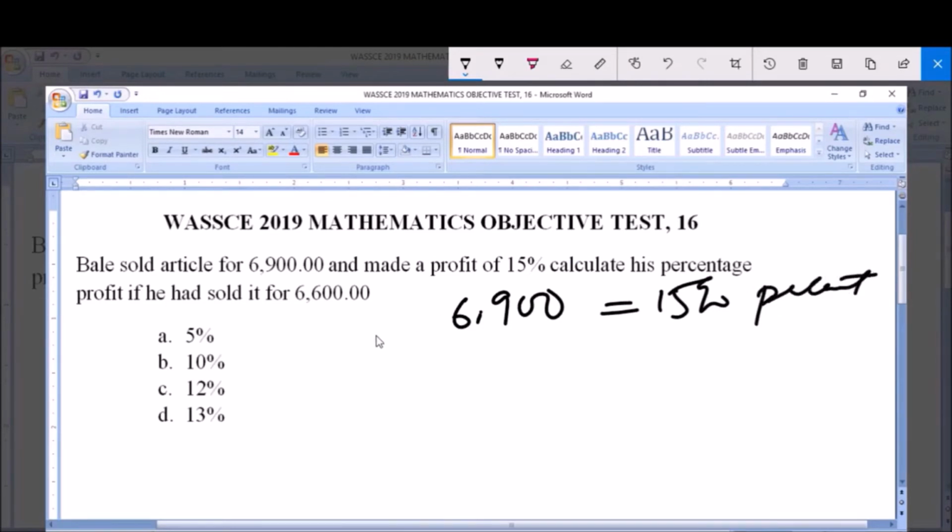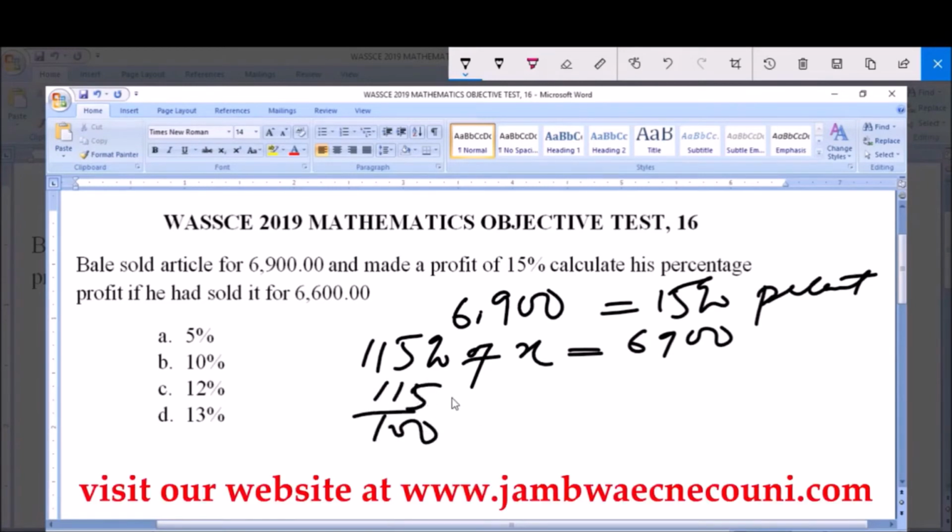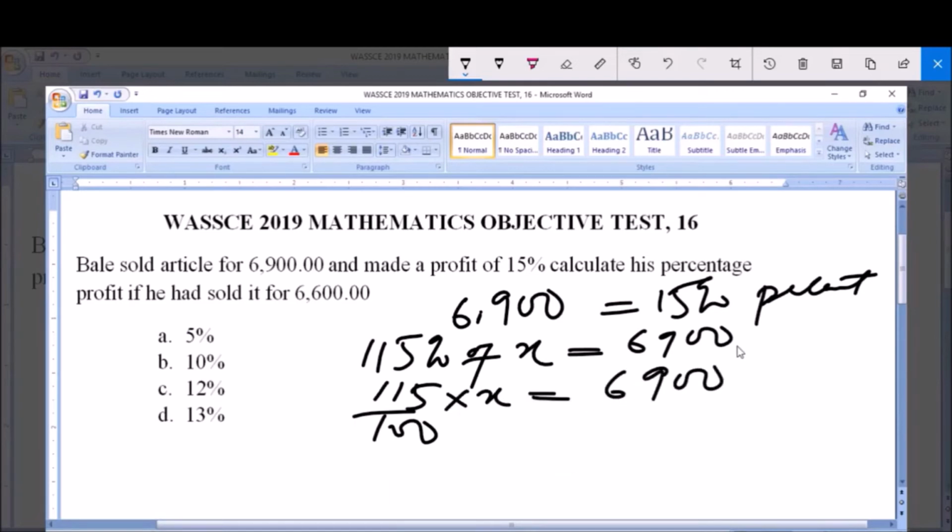Since he made a profit, it's like saying 115% of a certain value x is 6,900. Now we want to know the amount he bought it for. So 115%, that's the same thing as saying 115 divided by 100 multiplied by x, which is the value, is equal to 6,900. Now 115 divided by 100 gives us 1.15.